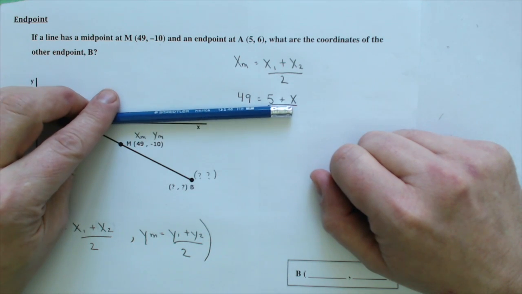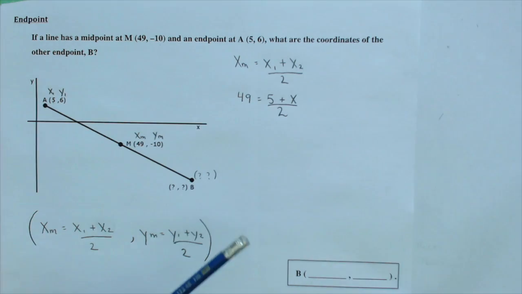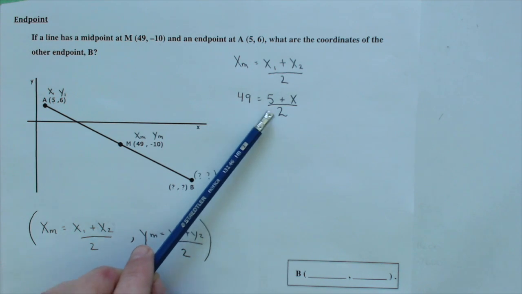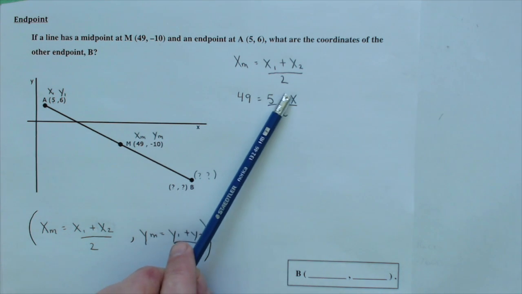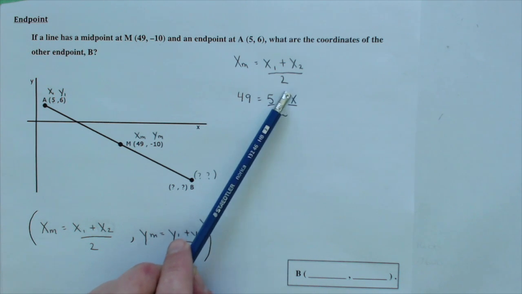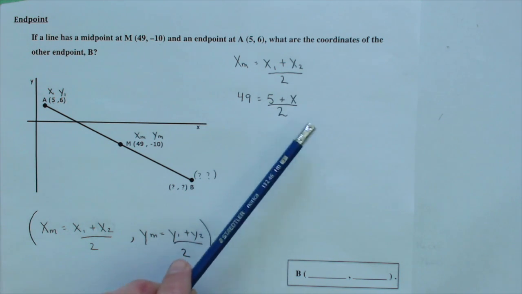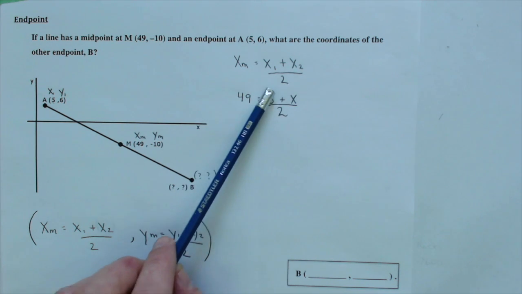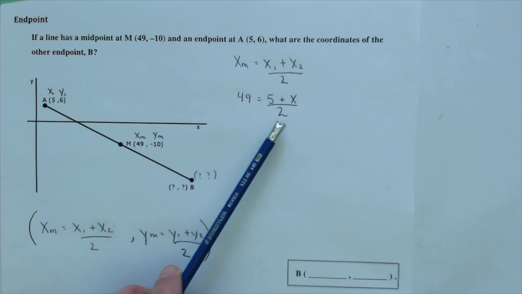Can't just ignore it. So we'll remember our rules for isolating x, and I'll remind you that if that 2 is being multiplied to my x, if I had a 2x here, the way I'd get rid of the number in front of my x is to divide it, right? If the operation is a multiplication, we divide. If the operation is an addition, we would subtract, right? Eventually we're going to subtract that 5. Well, what's happening with this 2? This 2 is being divided.